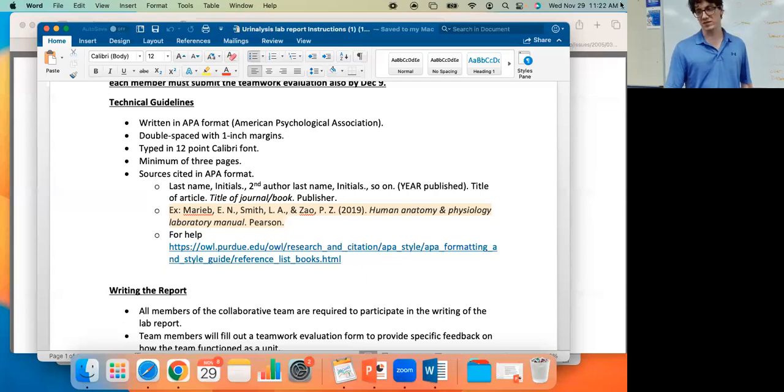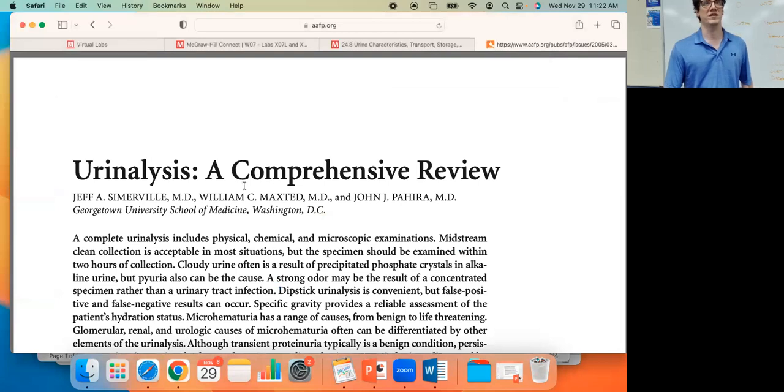If this was, say, this paper right here, it would be Simmerville, J.A., comma, Maxted, W.C., comma, and Pariah, J.J. And this was published in 2005. So parentheses 2005.